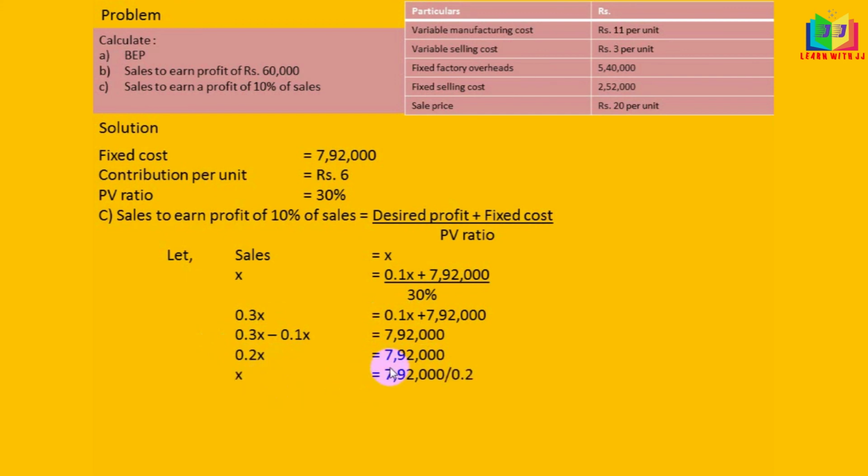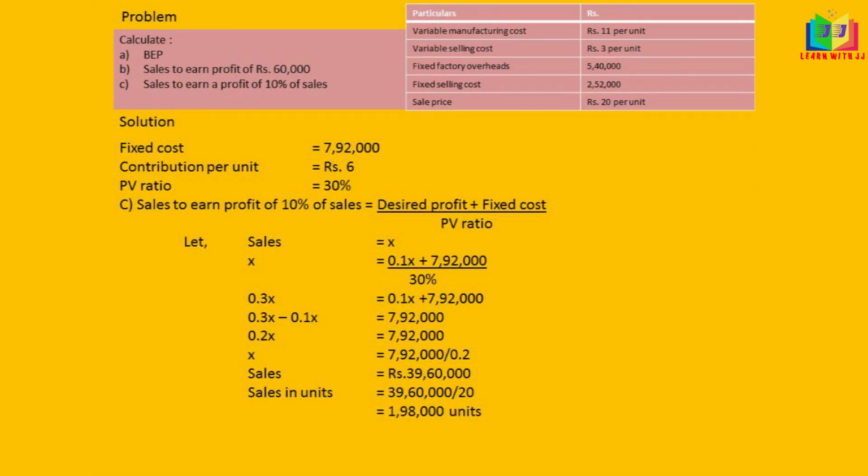Then X is equal to 39,60,000, which is the value of sales. If we want this sales in units, we can divide this sales by selling price per unit. Selling price per unit is 20, right? If we divide, we'll get the number of units sold, that is 1,98,000.